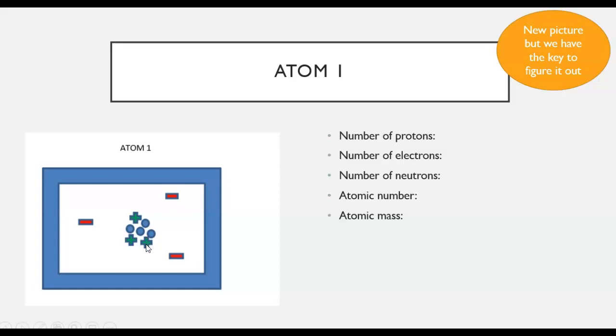So protons have a positive charge, electrons have a negative charge, and the neutrons have zero charge or a neutral charge. So we can figure that out just by counting up the positive charges, the negative charges, and the neutral charges. Then I need to figure out the atomic number and the atomic mass. I'll be using my last two questions to help me answer this question.